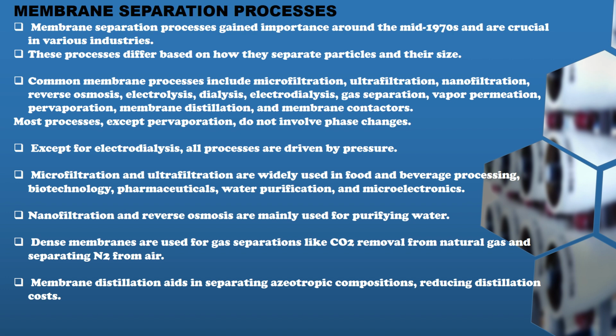Common membrane processes include microfiltration, ultrafiltration, as I mentioned in the earlier slide, nanofiltration, reverse osmosis, dialysis, electrodialysis, gas separation, vapor permeation, membrane distillation, and membrane contactors. Most processes, except pervaporation, do not involve phase changes. Except for electrodialysis, all processes are driven by pressure.